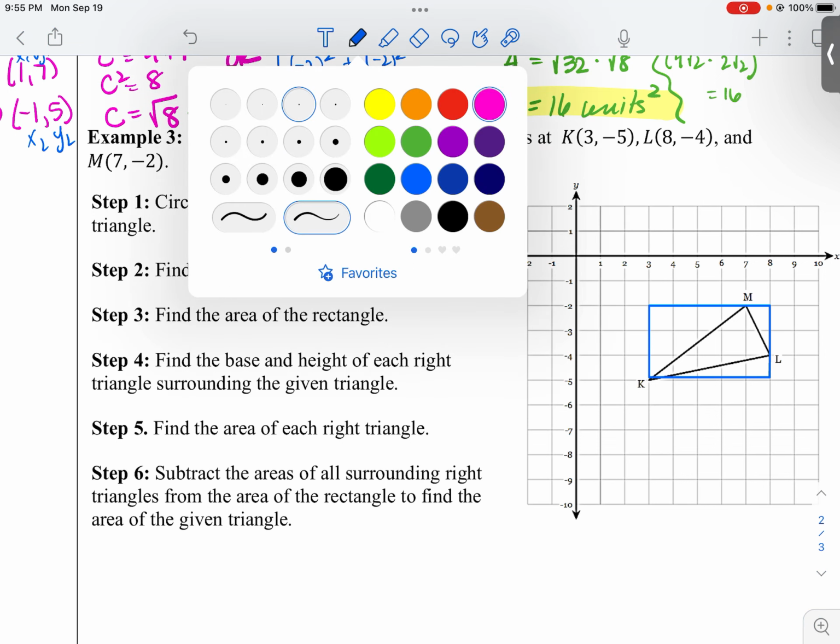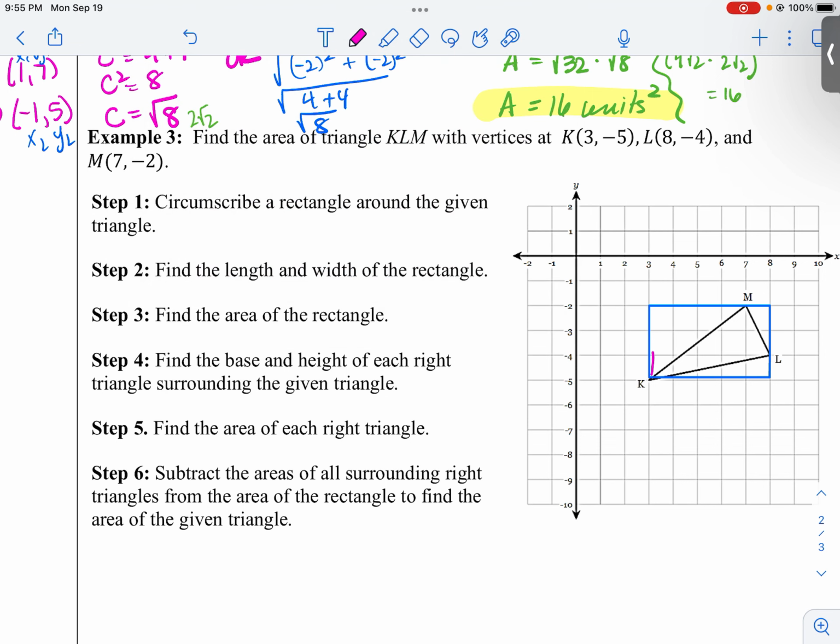So if you look here, there's a triangle here. There's a triangle here. I know it's messy. It's kind of messy on purpose so that we can see the triangles that we're looking at. So there are these 3 little triangles.